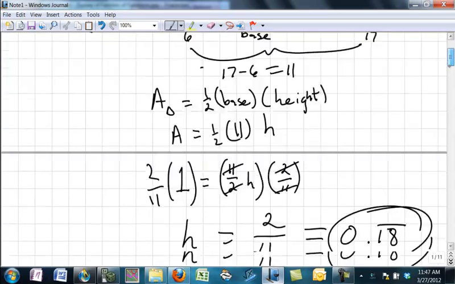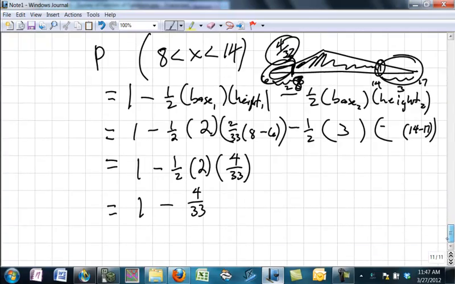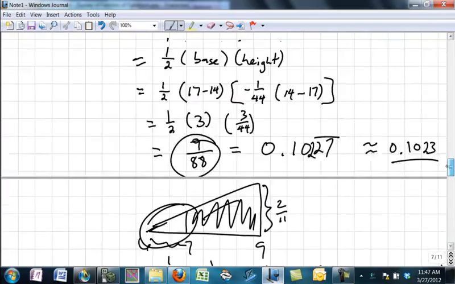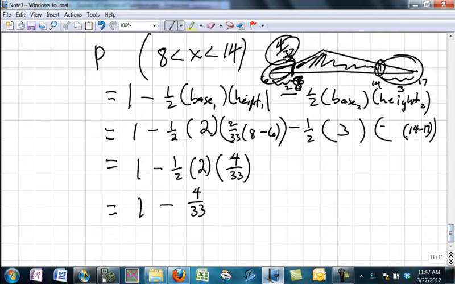There it is. Negative 1 over 44 times x minus 17. So 14 minus 17 is negative 3. Cancels out, makes 3 over 44 for the height. Base is 3. Of course, you always have our 1/2. So this is 9 over 88.